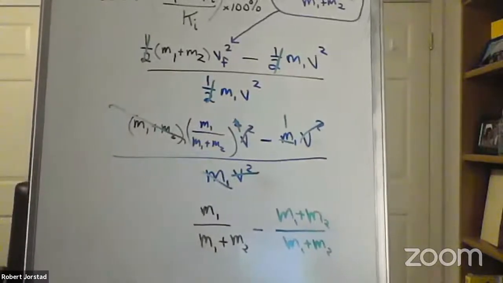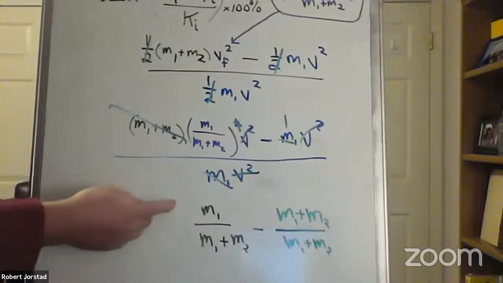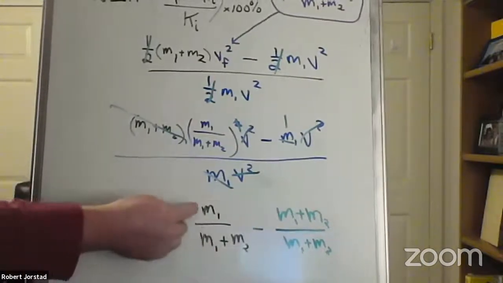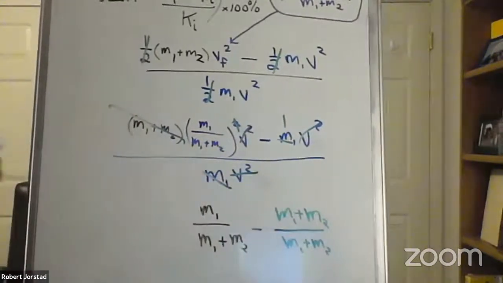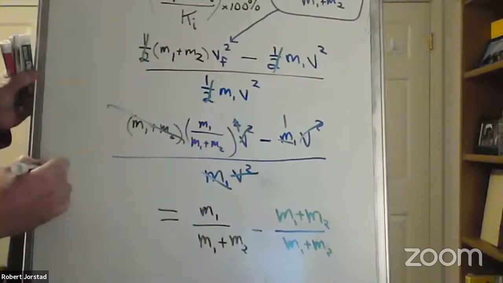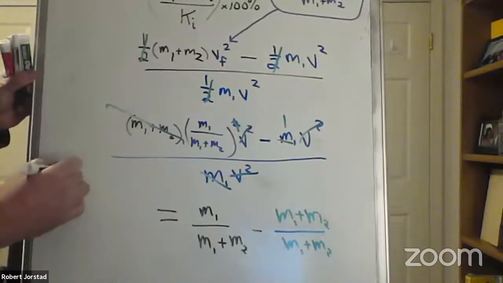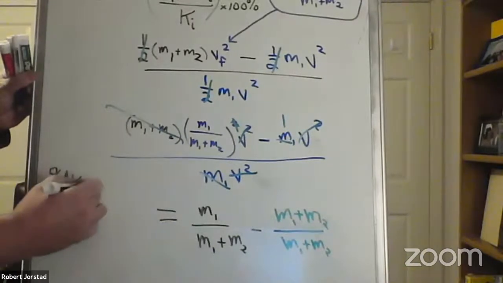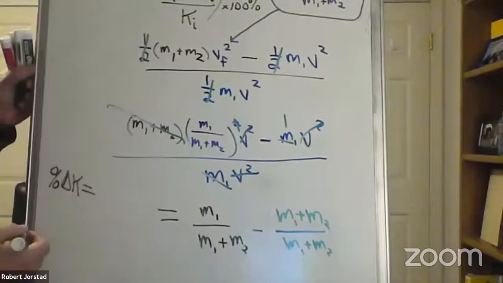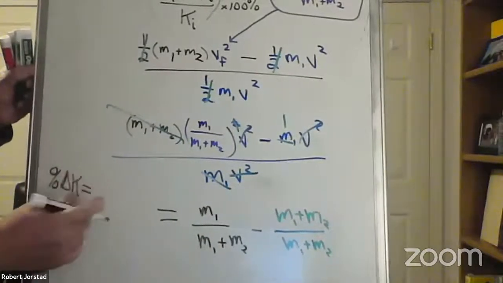And so now, notice there's an M1 plus M2 on the bottom, M1 minus all this stuff. What do we get for all this? What's left on top? M2. Nope.